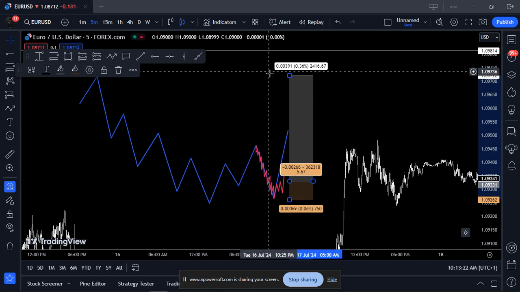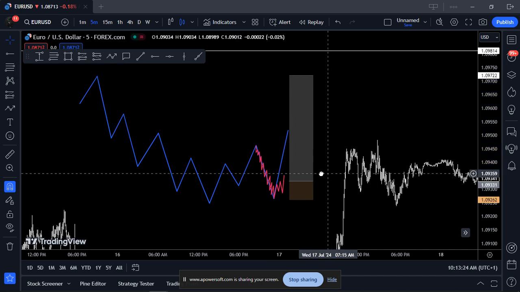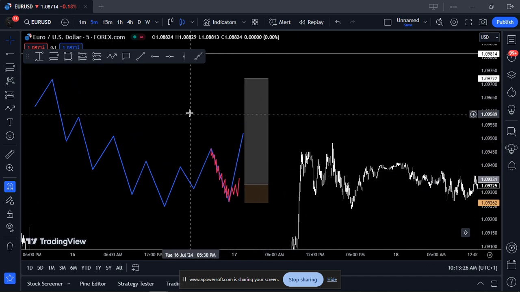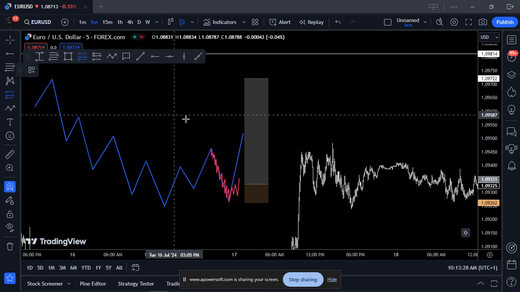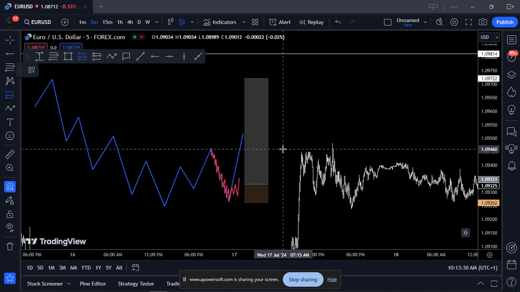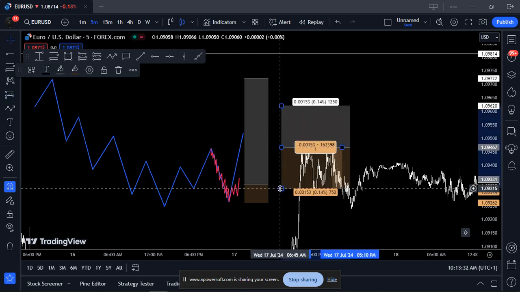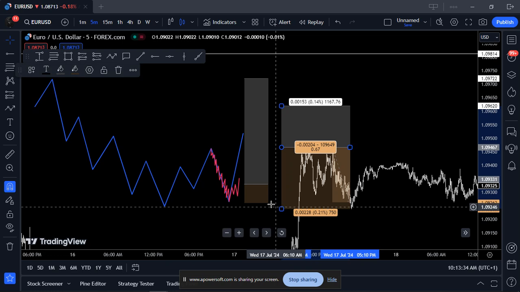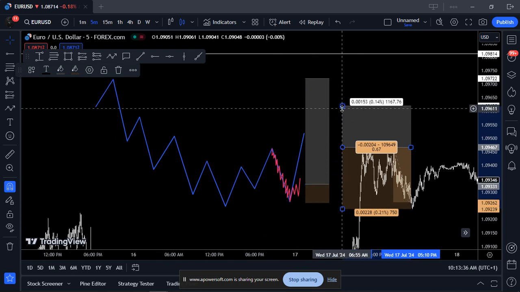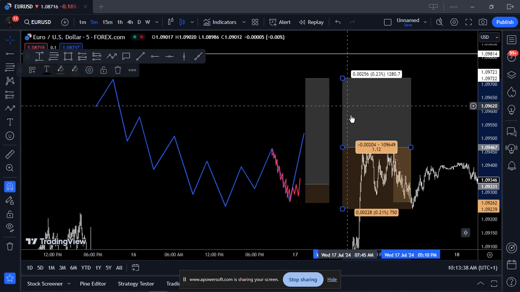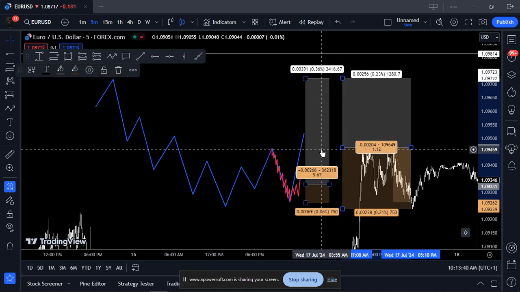Then price is expected to come here. You are getting a 1 to 5.6, as against entering at your 1 day, putting your stop loss here and getting a 1 to 1.2. You see the difference. And this is not the end of it.